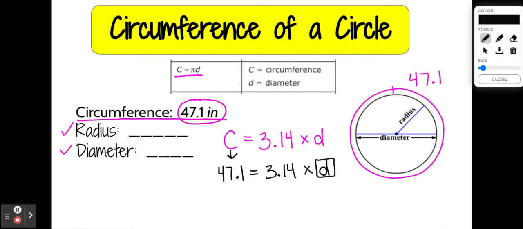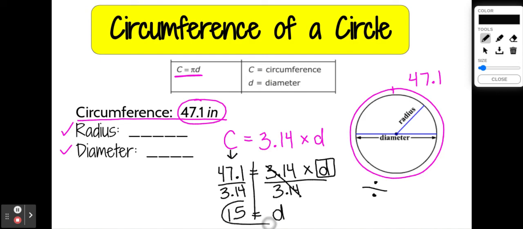How could we figure out what we multiply by 3.14 to get 47.1? We could use division, couldn't we? We could undo it. We could take that 47.1 and divide it by 3.14. Now you can either do that with your calculator, or if we look at it as solving an equation, we could undo the 3.14 by dividing, and then we divide the other side by 3.14. So algebraically, I could solve it as an equation, or just use your calculator, and you're going to get 15 for the diameter. So that means our diameter is 15 inches.